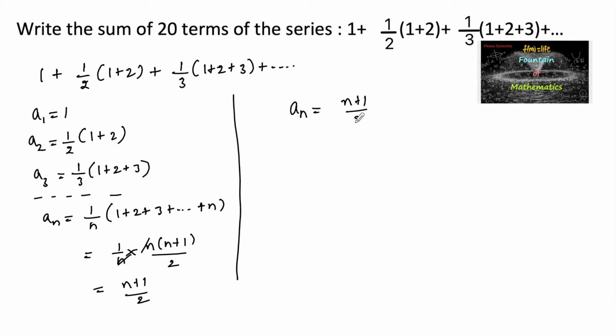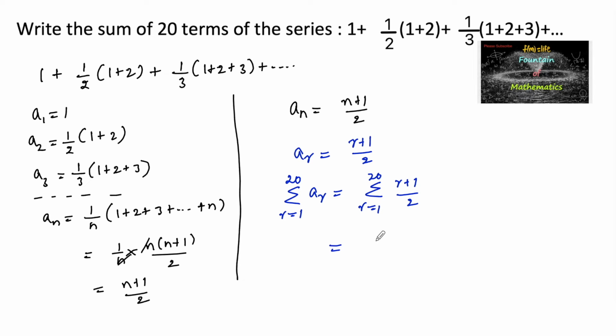We can write ar is equal to r plus 1 upon 2. Summation over r is equal to 1 to 20 of ar is equal to summation of r is equal to 1 to 20 of r plus 1 upon 2, since we require the sum of 20 terms.